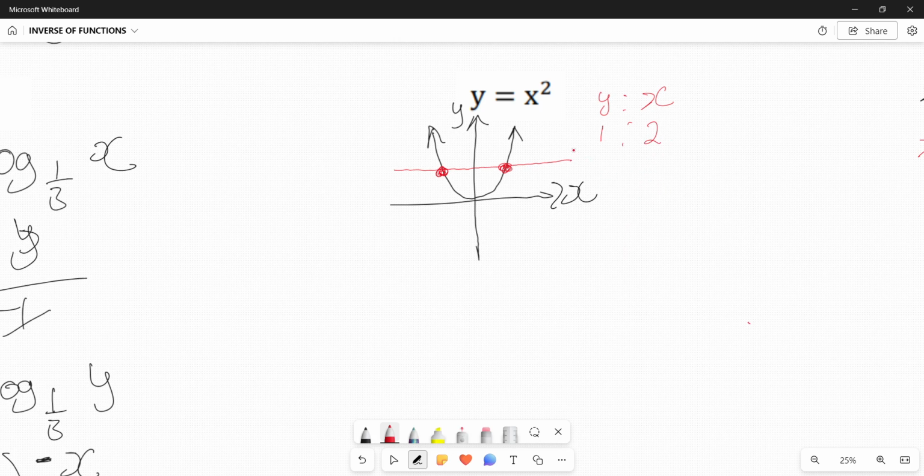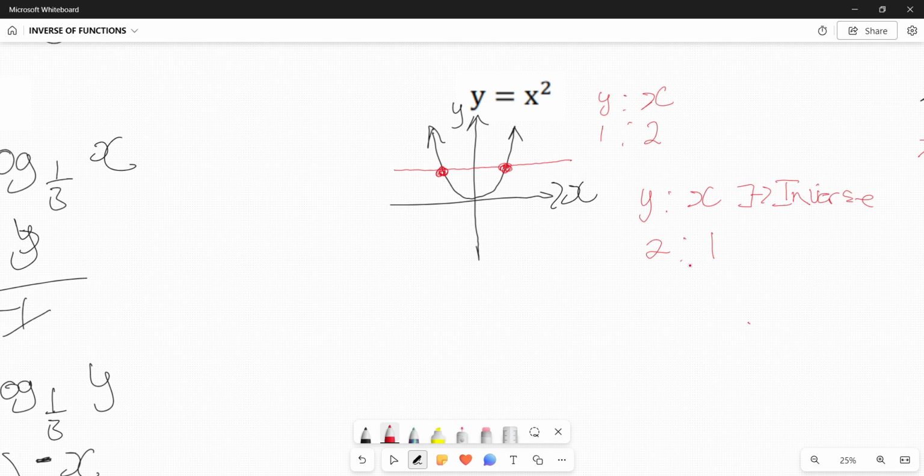Then it means if you have to find the inverse of this function, then the ratio of y is to x for the inverse will become 2 is to 1, which is unacceptable for a function. Remember the definition of a function.